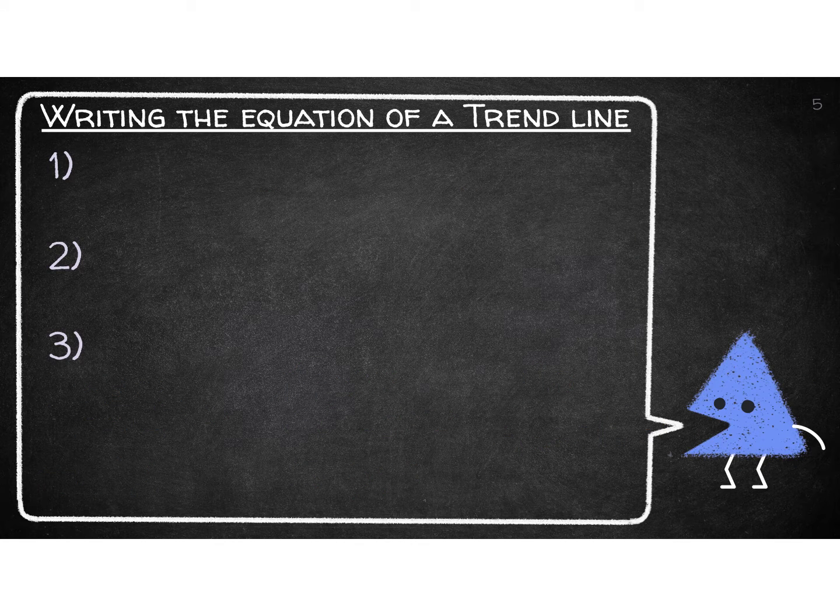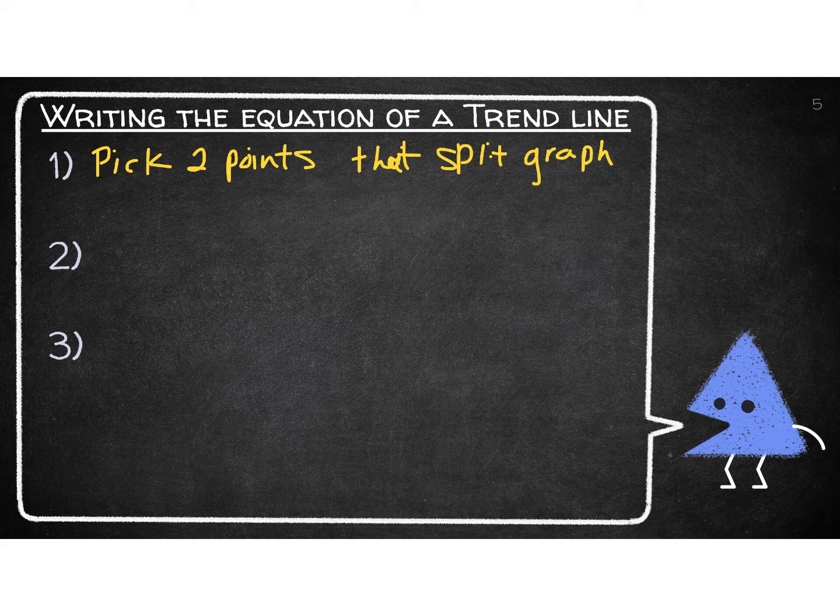When writing the equation of a trend line, we have 3 steps that we've got to do. The first step is we have to pick some points. And we're going to strategically pick these points so that they kind of cut the graph in half. Okay, so we're going to pick these points so they split the graph.